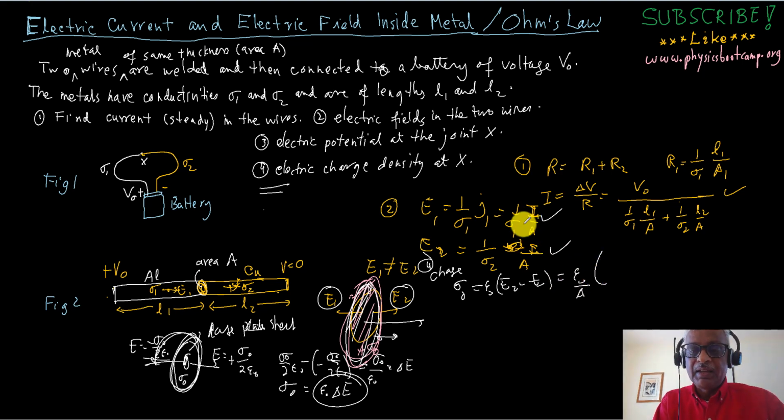A and I are common, so you have 1 over sigma 1 minus 1 over sigma 2. This is the charge density, and these sigmas are conductivities.